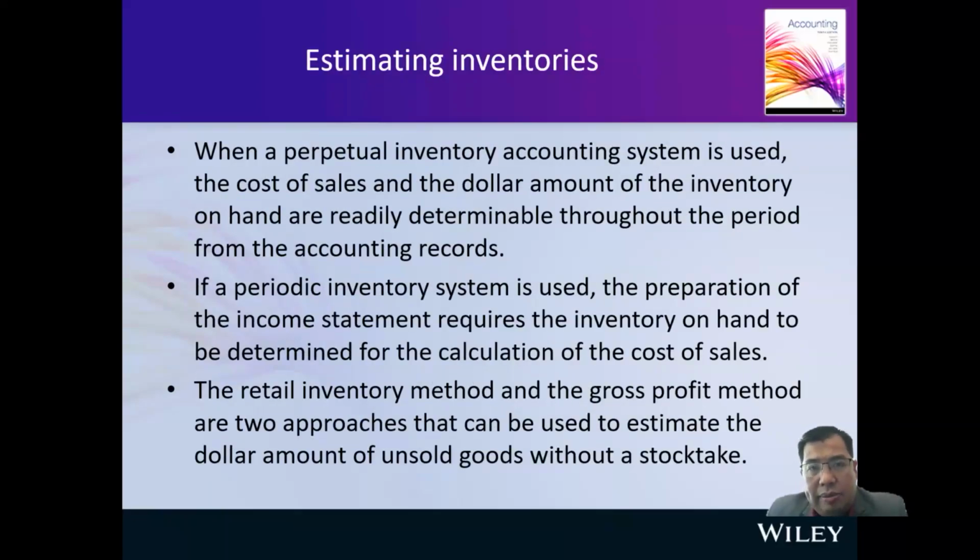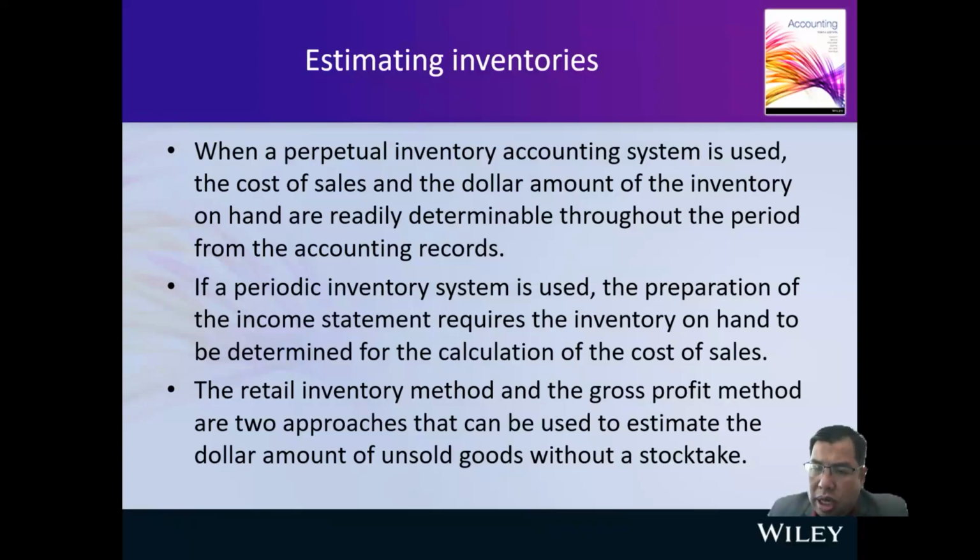Another thing is estimating inventory. When a perpetual inventory accounting system is used, the cost of sales and the dollar amount of the inventory on hand are readily determinable throughout the period from the accounting record. If you use the periodic inventory system, the preparation of the income statement requires that the inventory on hand be determined.